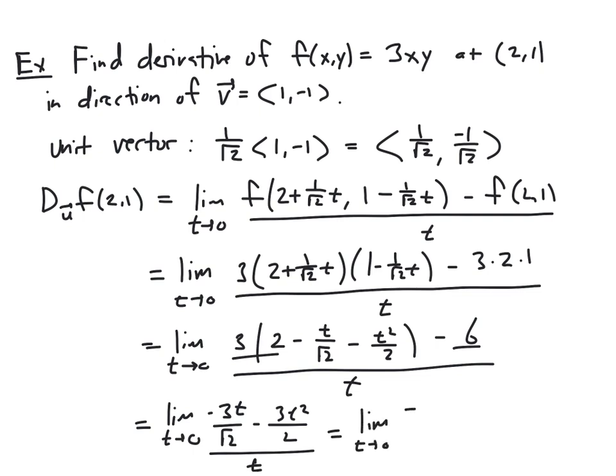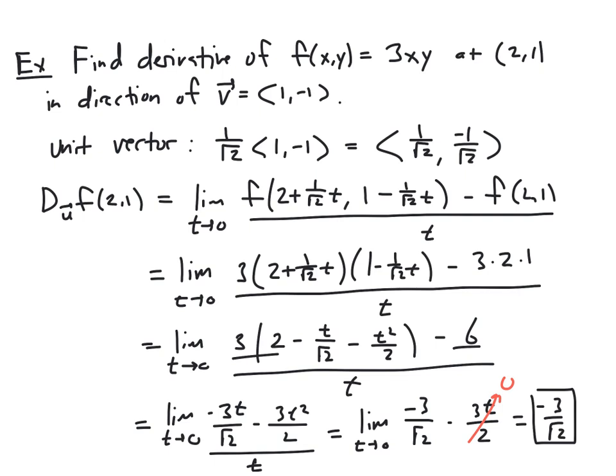And so we're left with negative 3 over square root 2 minus 3t over 2. And as t goes to 0, this term will go to 0 as well. And so what we're left with is just the constant negative 3 over square root 2.